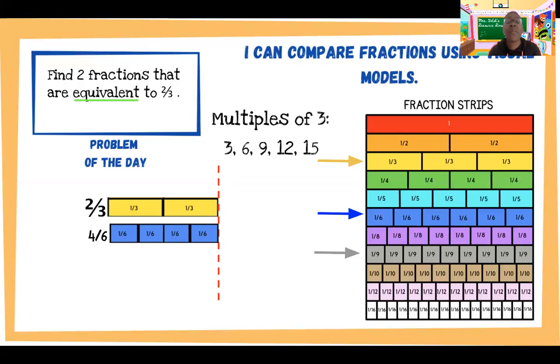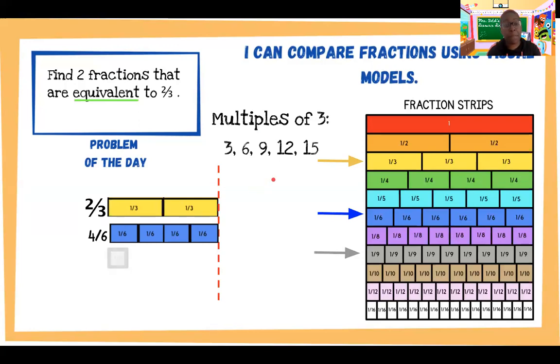All right, well, the problem asked for two fractions that were equivalent. And so which fraction tiles are we going to use next? Did you say we're going to use the 9th tiles? That's right, because the next multiple of 3 is 9. So we're going to take 9th tiles and line them up and see how many we need in order to reach our line.